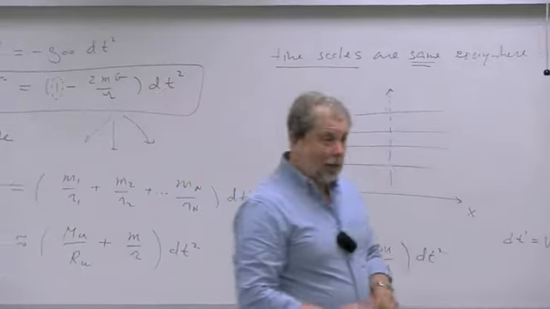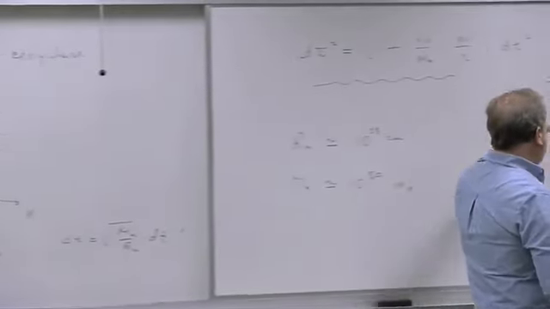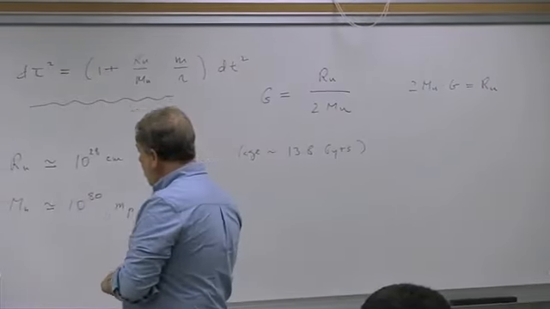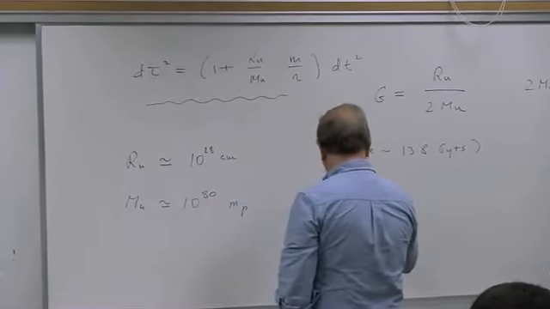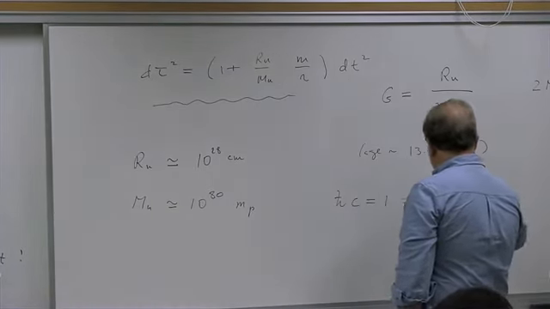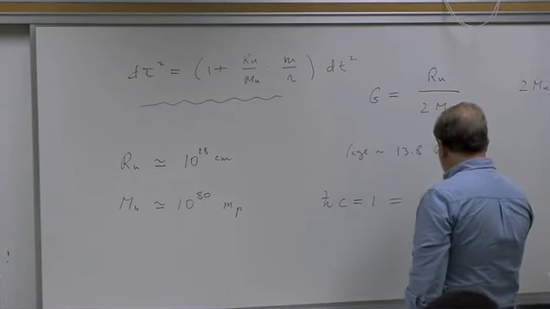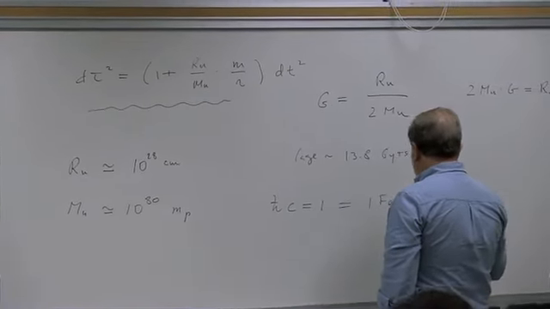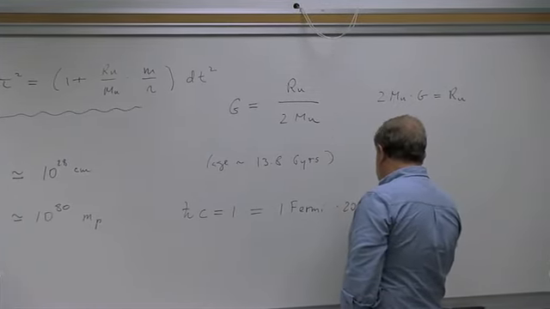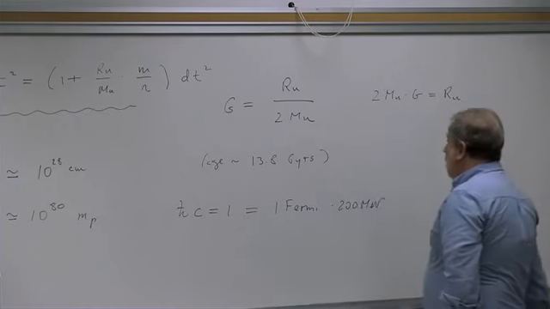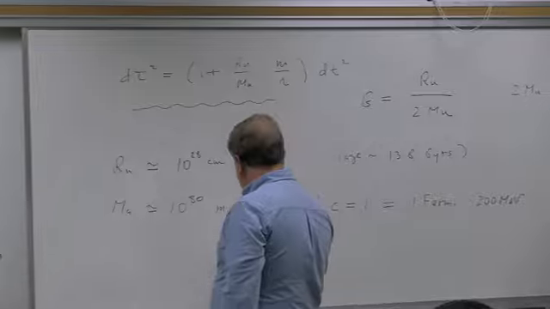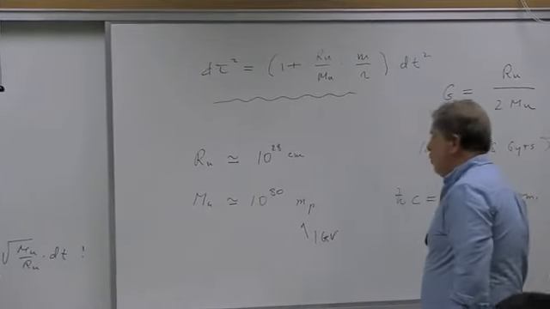And so that allows you to estimate this ratio. It is convenient to use a system of units where h bar c is equal to 1, and that is equal to 1 Fermi times 200 MeV. So you can convert a mass, this is about 1 GeV, into a distance.